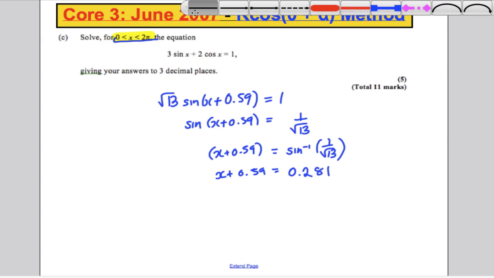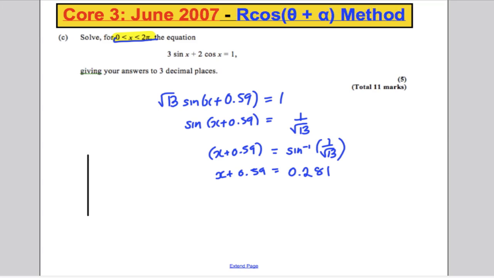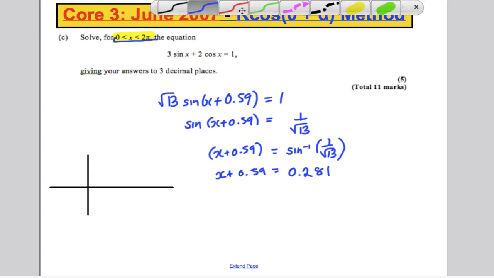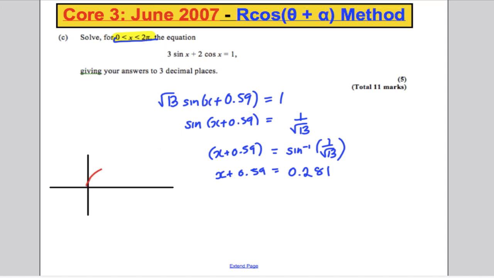Okay, at this stage, draw yourself a little graph just to see all the possible values that you're interested in. Do remember, you're going between 0 and 2 pi, but you're adding 0.59 to your range. Because you're solving x plus 0.59, add that to your range. So the sine graph, or your domain even, looks something like that.